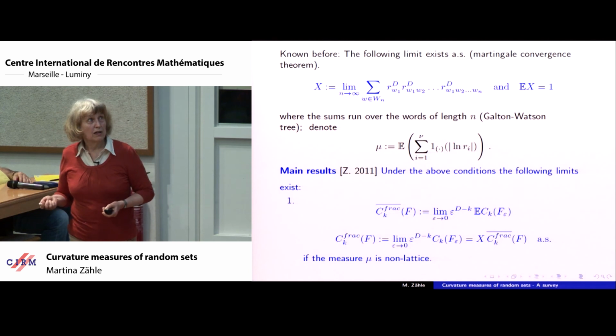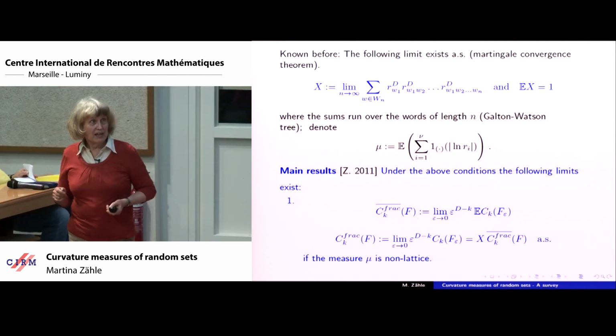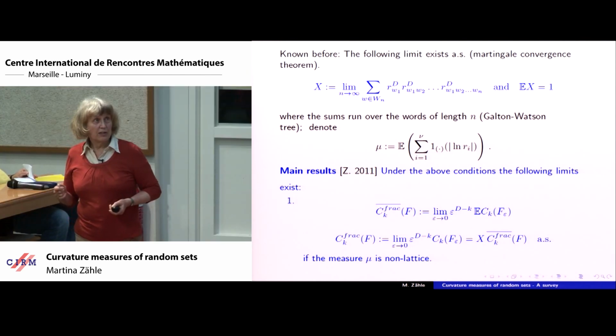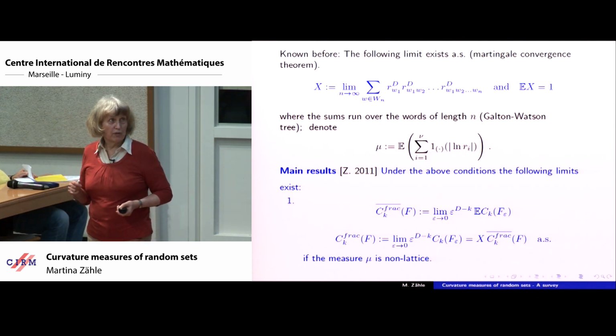This is determined by the logarithmic contraction ratios, denoted in the expectation of those distributions. And then one can show the following. If the measure mu is non-lattice, from renewal theory, then one can show the same as in the Minkowski case. One takes the rescaled limits, and one can consider either the expectations or the corresponding convergence with probability 1.